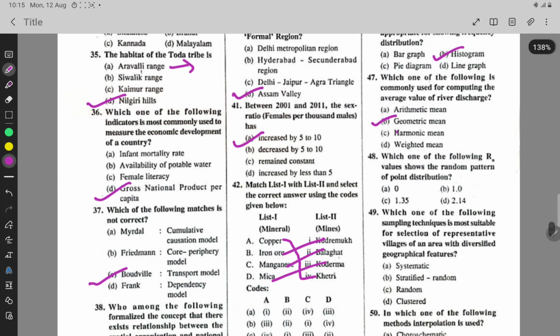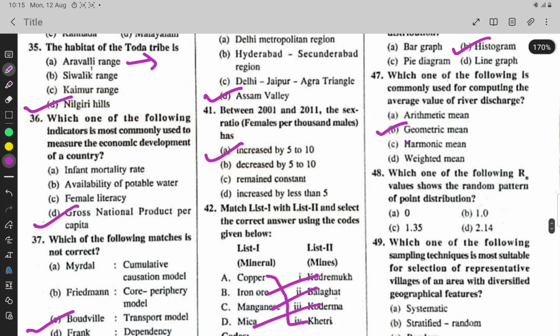Which one of the following values shows the random pattern of point distribution? This one is uniform. Zero is clustered.